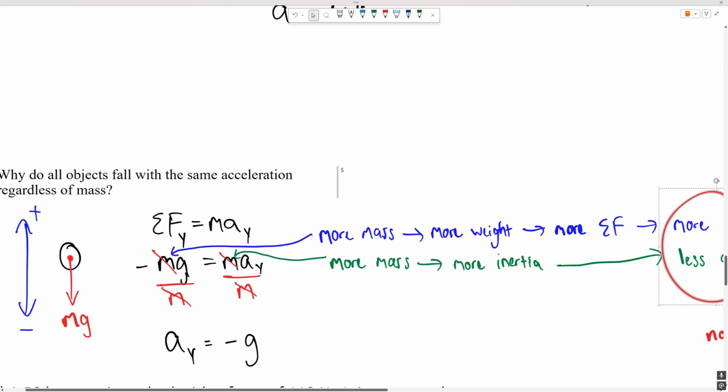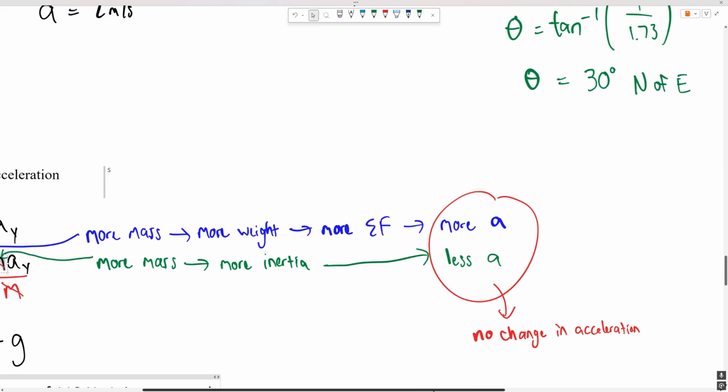But there's another mass. There is the inertia. There's the inertial mass. So if we have more mass, then we have more inertia. And if we have more inertia, more inertial mass, then we have less acceleration because it takes more force in order to create that same acceleration on a more massive object.